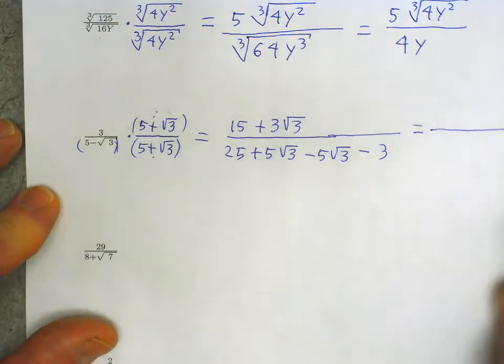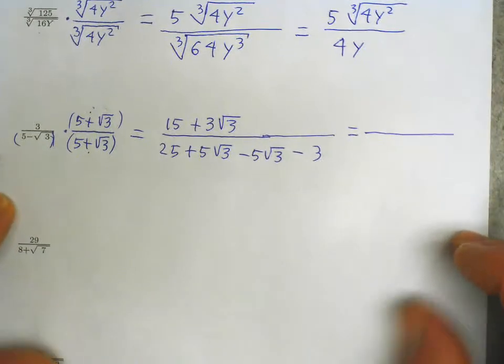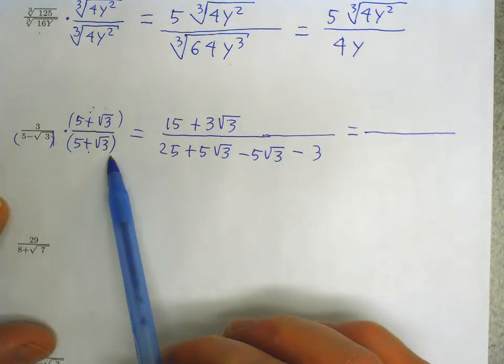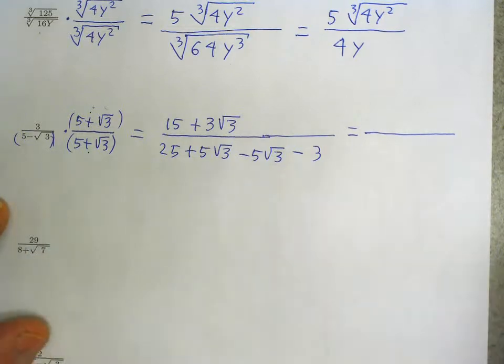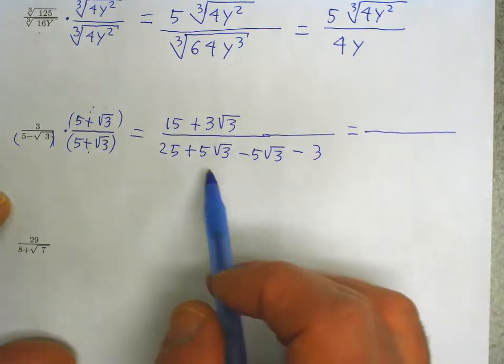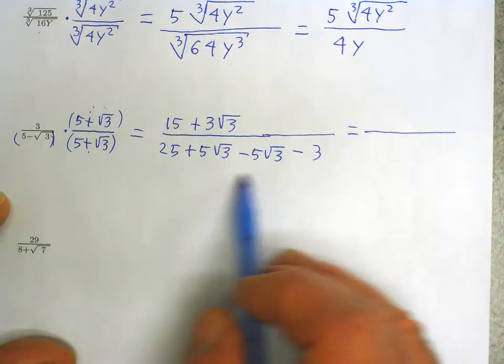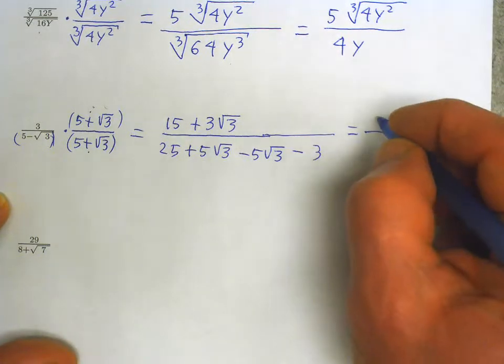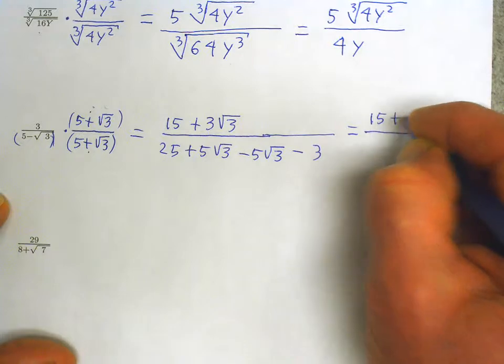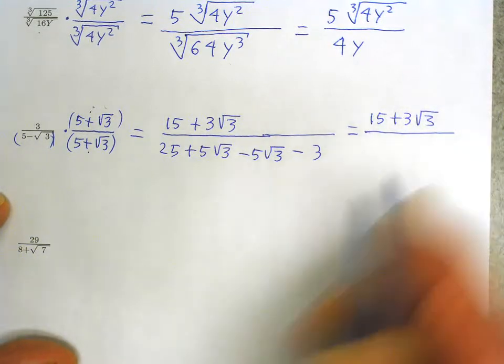You'll be able to see why multiplying the numerator and the denominator by the conjugate of the denominator is what we want to do, because the radicals will completely disappear in the denominator. In the numerator, we have 15 plus 3 times the square root of 3.